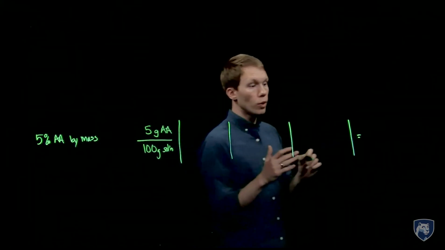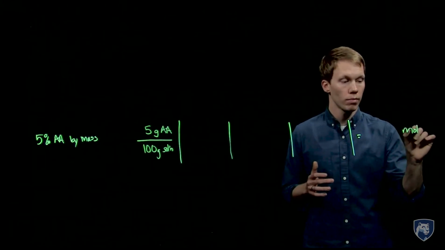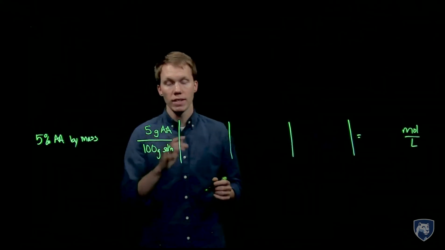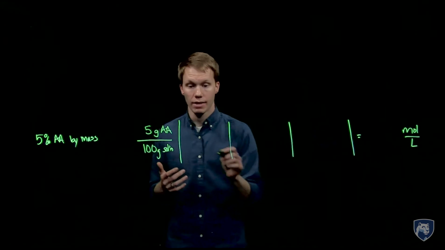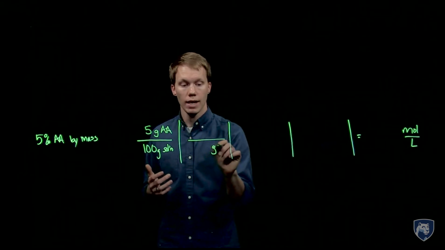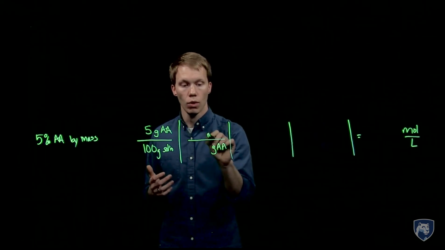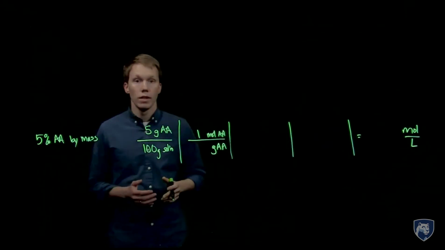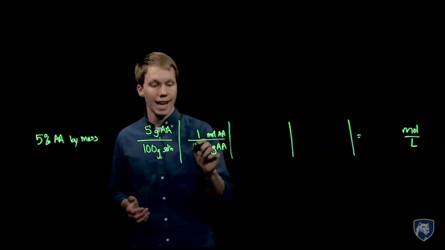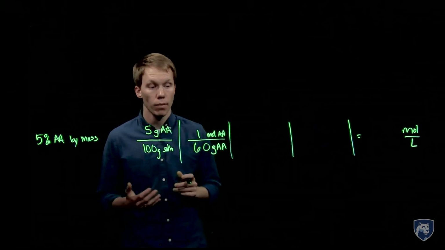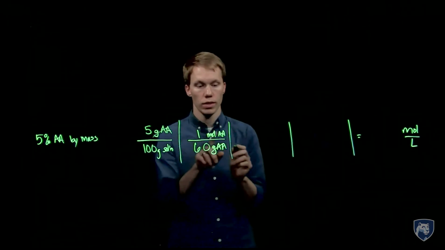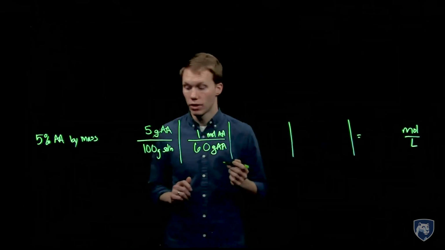And I want to know molarity, so moles per liter. I need to convert grams of acetic acid to moles of acetic acid. This is molecular weight. The molecular weight of acetic acid is 60 grams per mole. And that gives me the moles that I need for my answer.